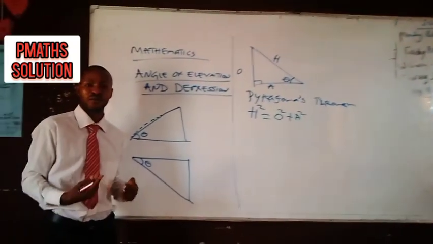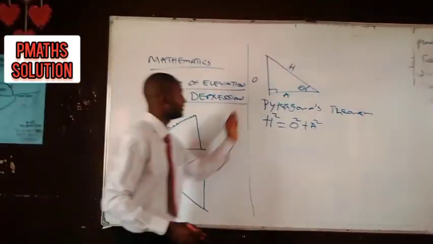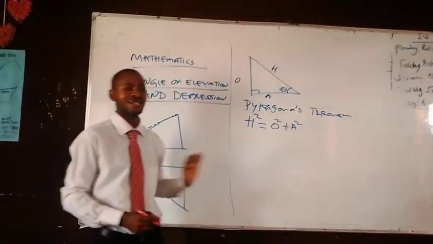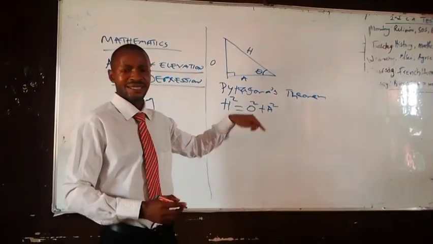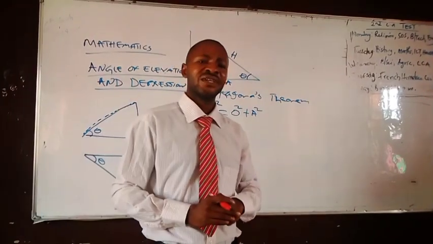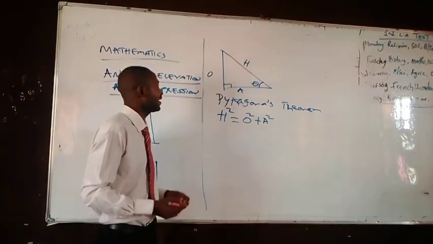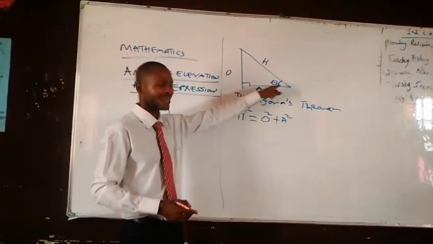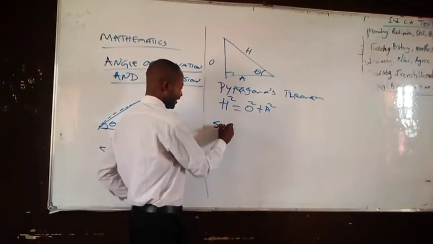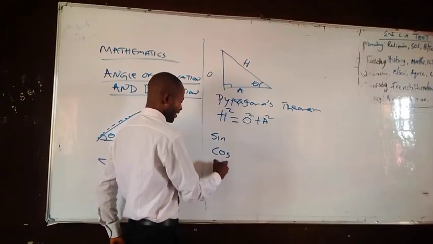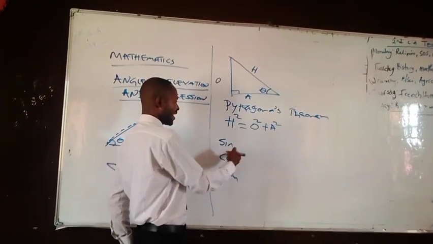Whenever you have a problem that has to do with the three sides of a right angle triangle, you apply the Pythagoras theorem. But if you have a problem that involves just two sides and an angle, you apply the trigonometric ratios, which are sine, cosine, and tan.